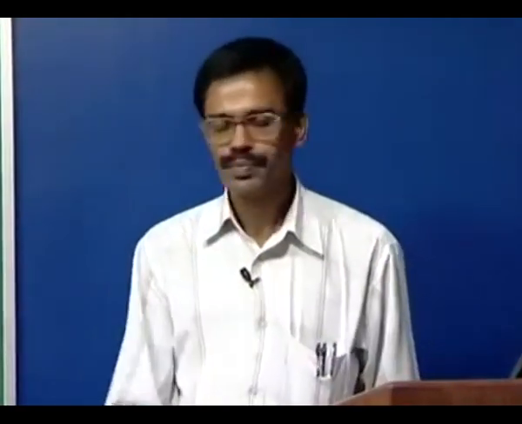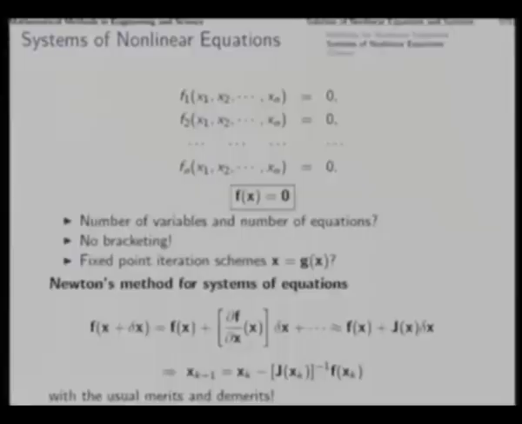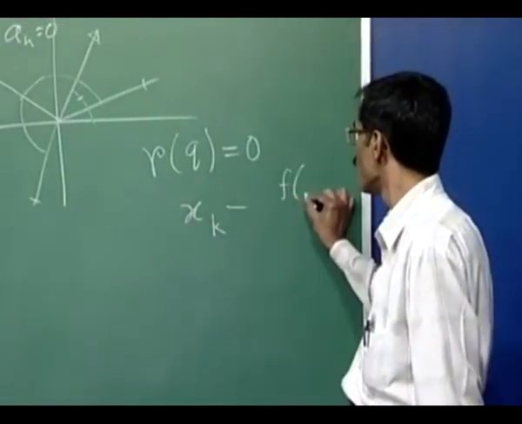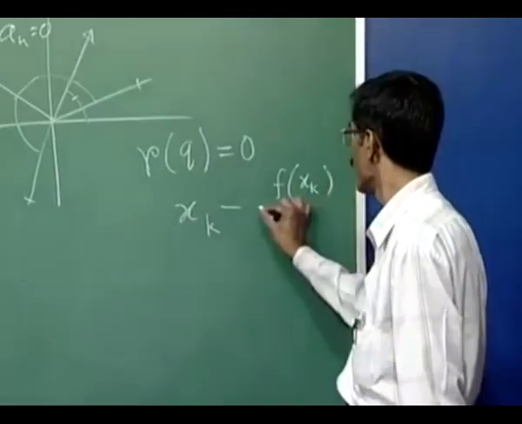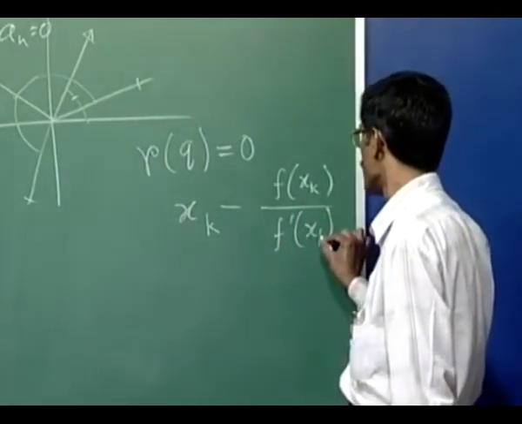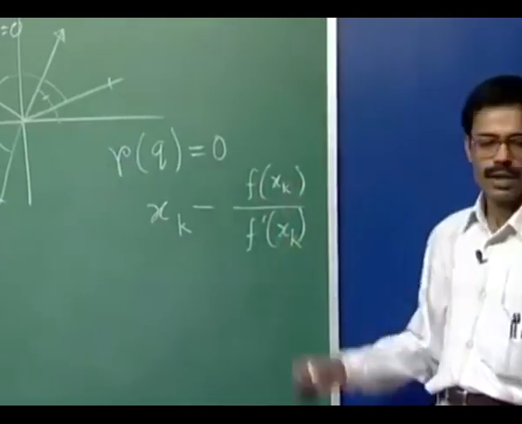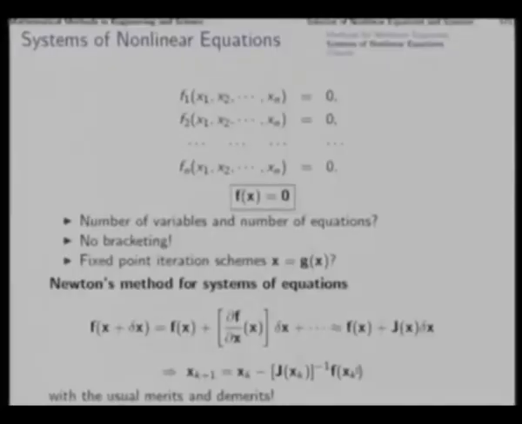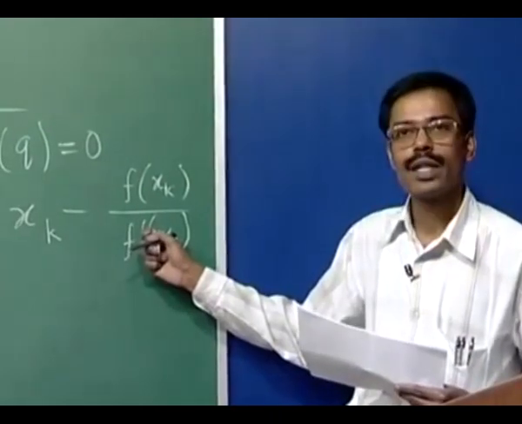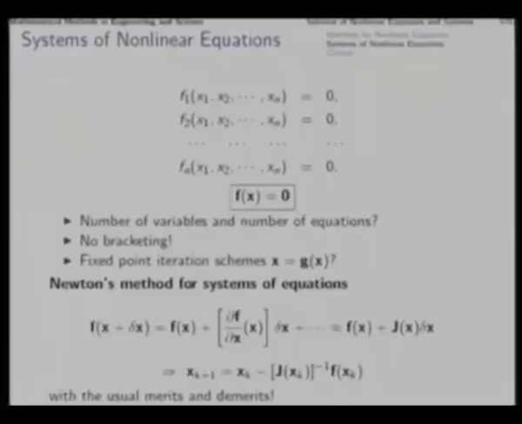This matches exactly with what we had earlier for a single equation. For a single equation, we had this. Now, again f of x k is here, and division by the first derivative is now replaced with pre-multiplication with the Jacobian inverse.